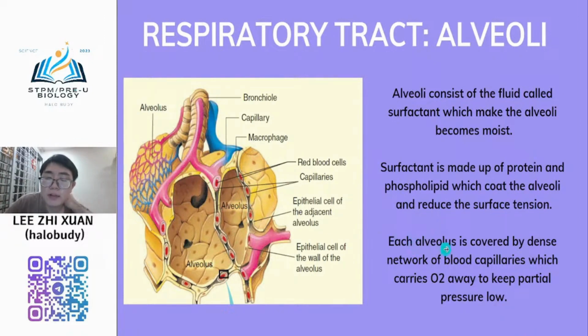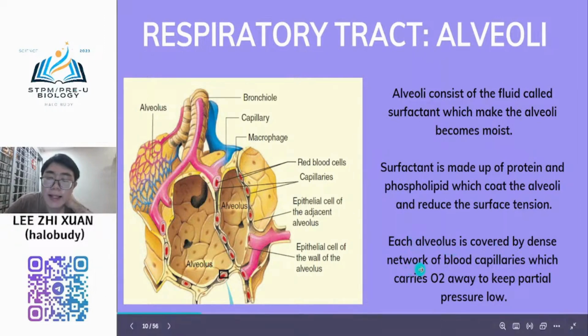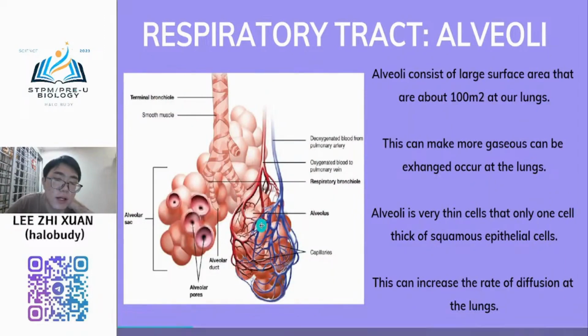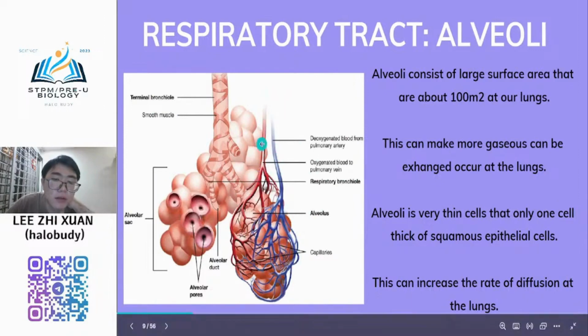Okay, and then each alveolus is covered by a dense network of blood capillaries, which carry oxygen away to keep the partial pressure low. If you see this diagram, each alveolus is partly covered by blood capillaries, arterioles and venules.